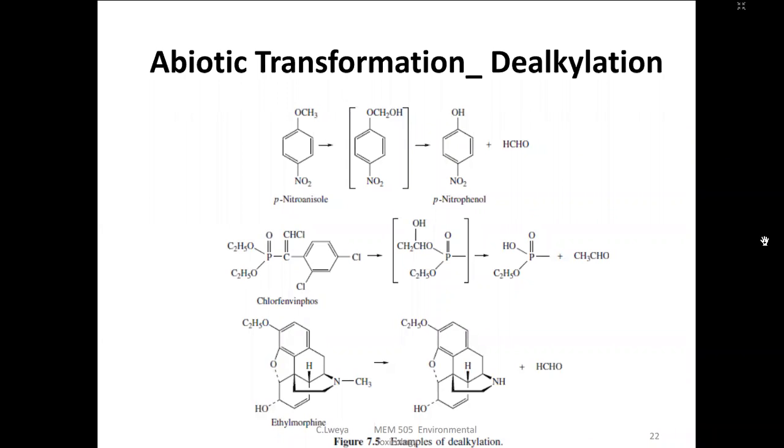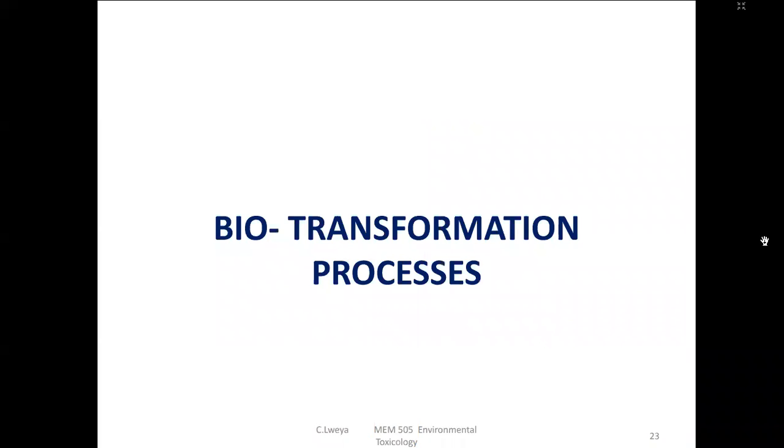Those are organic compounds. So that is where the abiotic transformation ended. You can go back and look at them. One, there's hydrolysis, where we talked about amides being converted to amines and carboxylic acids. We also had the esters being converted to carboxylic acids and alcohols.